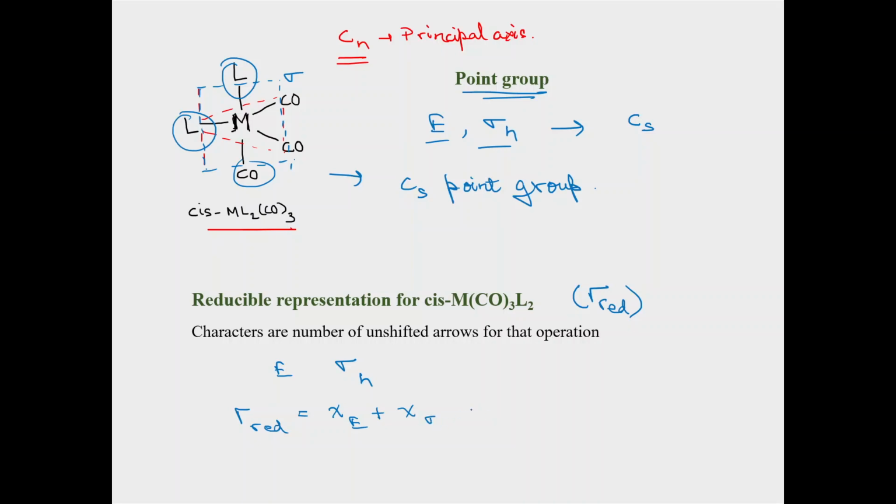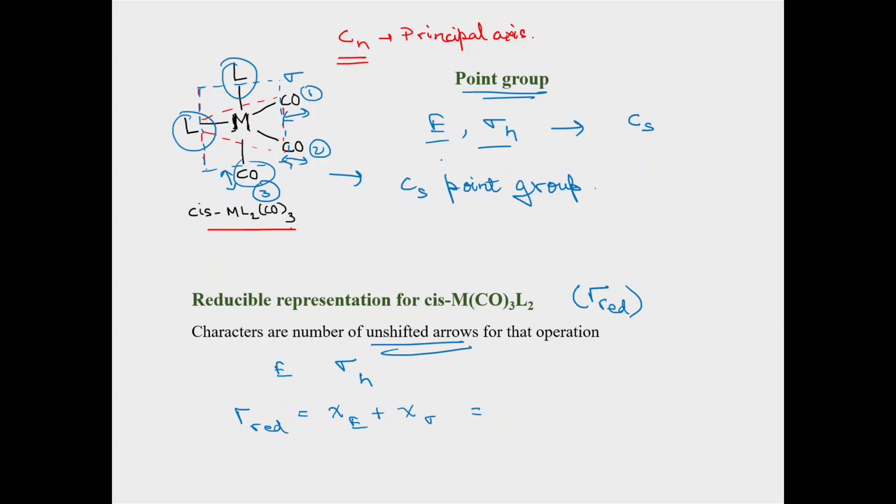How can we understand the character of a given operation? One simple way is this: here there are three COs, so let us make three arrows for these three COs and number them as 1, 2, and 3. Characters are the number of unshifted arrows for that operation.